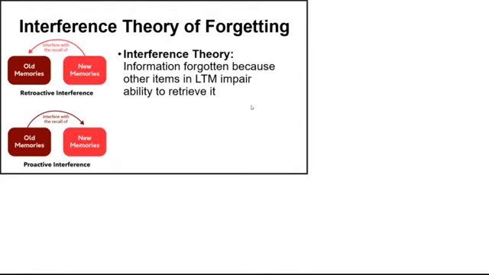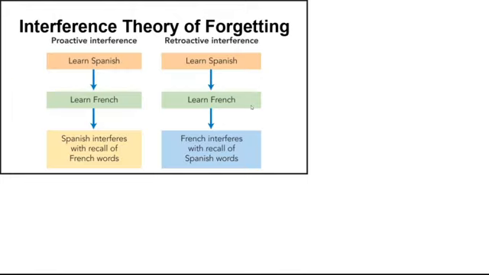With proactive interference, the arrow goes in the other direction. So the old memories, the stuff that you've known for longer, gets in the way of your new information. So your old information interferes with the recall of new information. And so again, Spanish and then French, this would be the idea that because you knew Spanish and you've known it for a very long time, even though you're trying to learn French and it's more recent, you still grab the Spanish first.